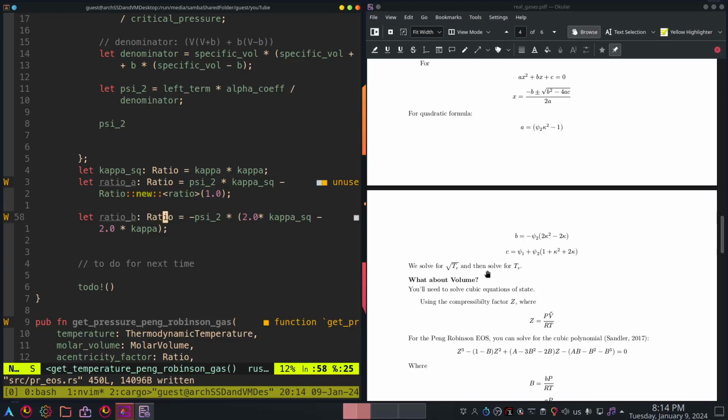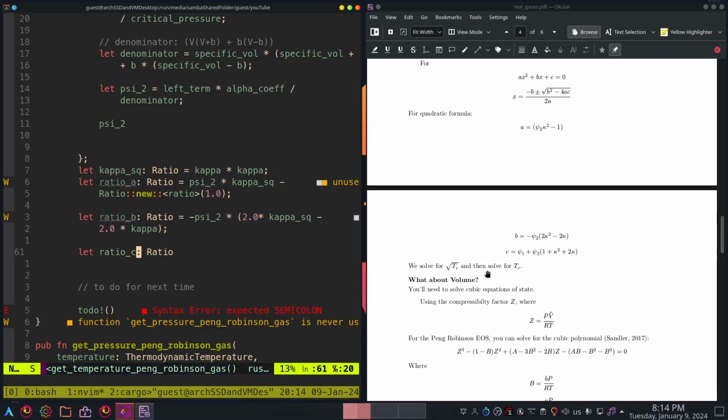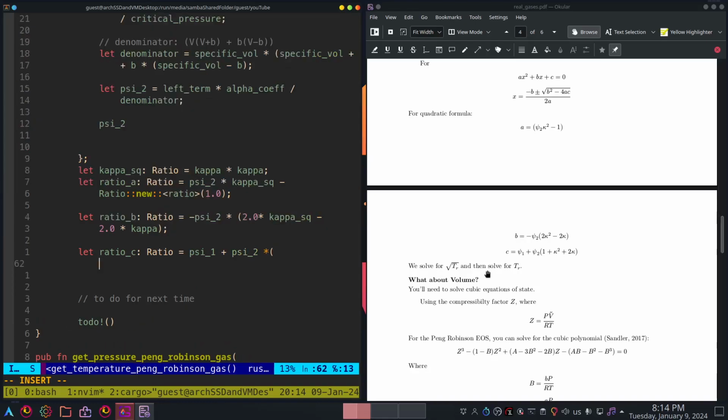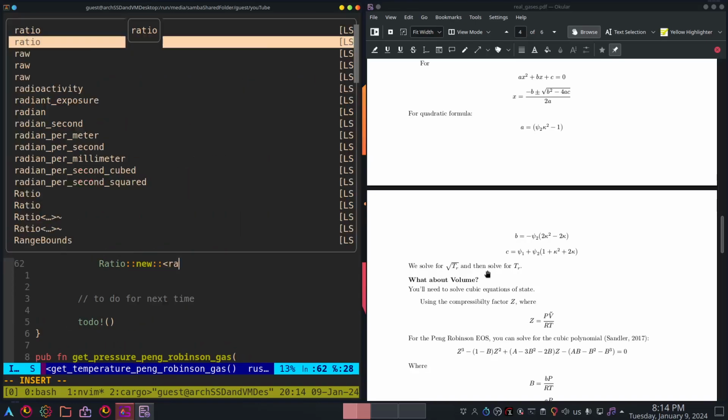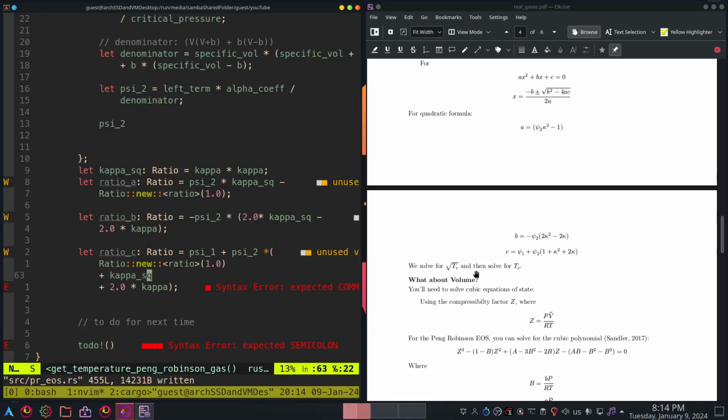So let's do a ratio C. This is a ratio as well, and equals psi 1 plus psi 2 times new ratio 1.0 plus kappa square plus 2.0 times kappa. So that is the ratio C.